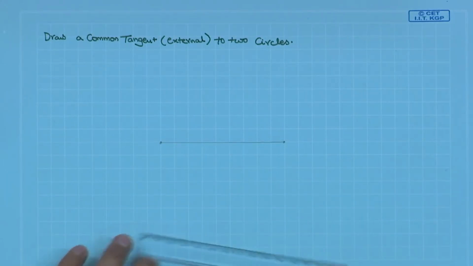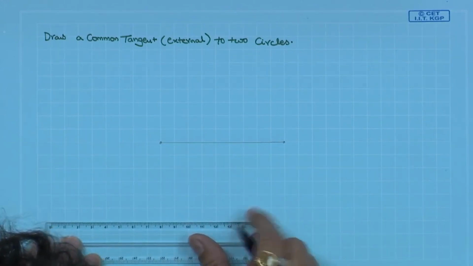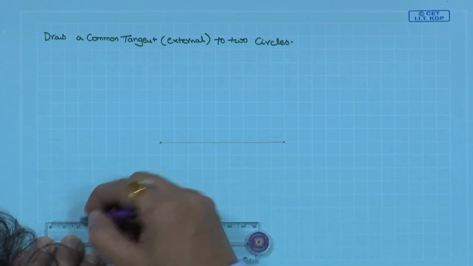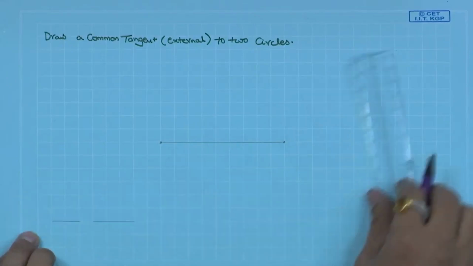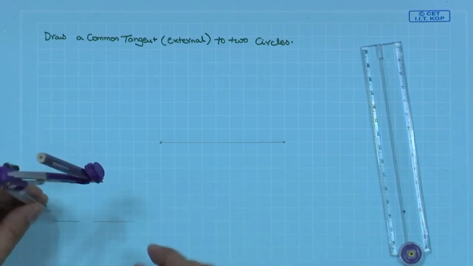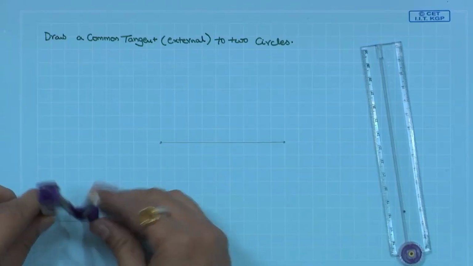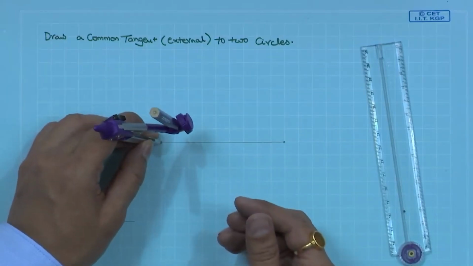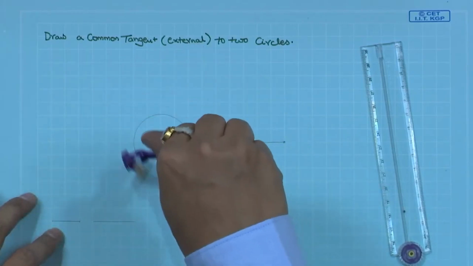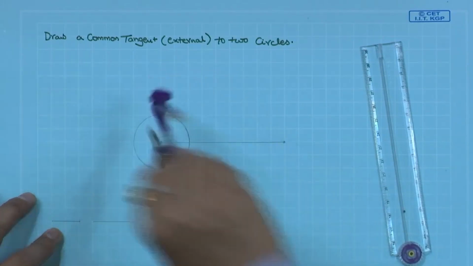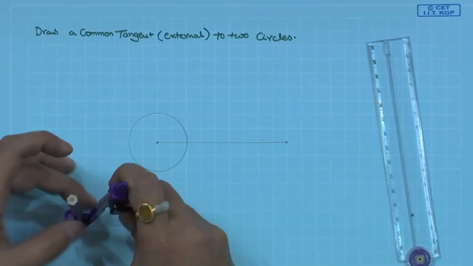Next, construct the circle of 20 units, 20 mm. This is 20, 10, 20 and 30. Let us use the distance from the first point, 20 units. So, a smaller circle from this end, draw by 20 units, and the larger one of 30 units.